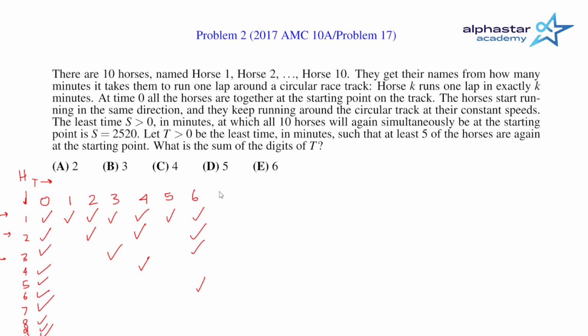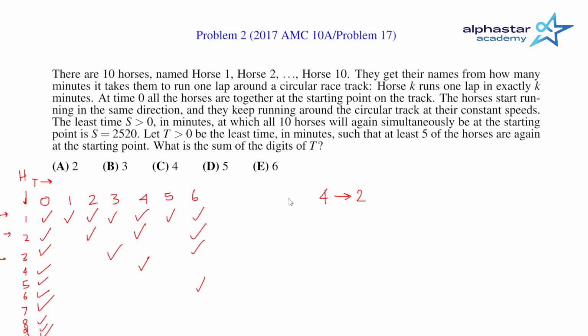However, maybe we can think about this in a smarter way, which in this case just means thinking about factors. If 4, for example, is a divisor of the time, then so is 2. So if 4 is at the starting point, then so is 2.